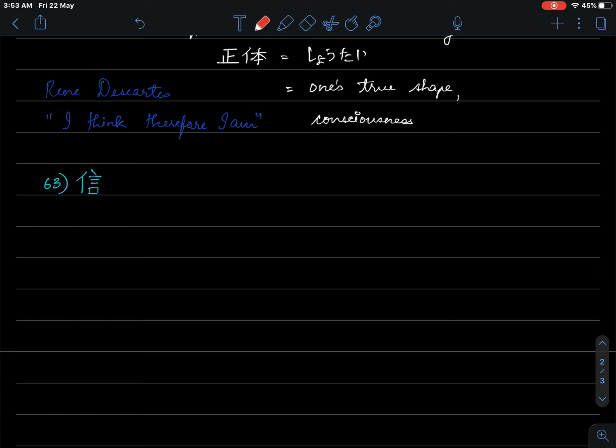So here, this is again a person, and this is say, right? Those are the two kanjis that we have. So imagine that there is a mouth giving a message to a person, and the person believes.